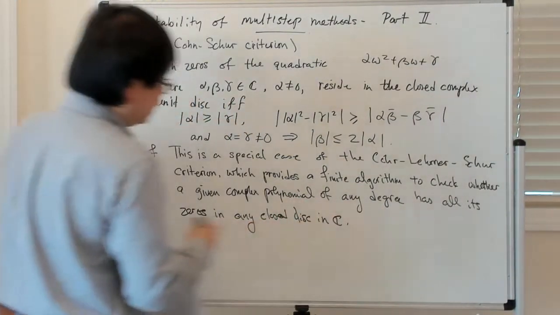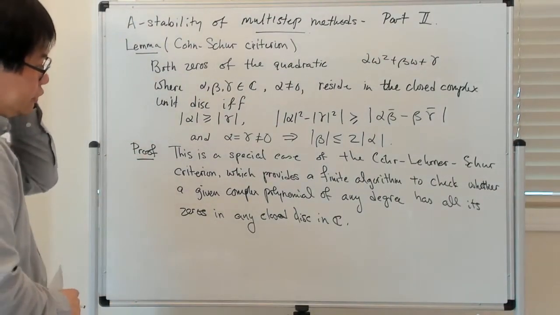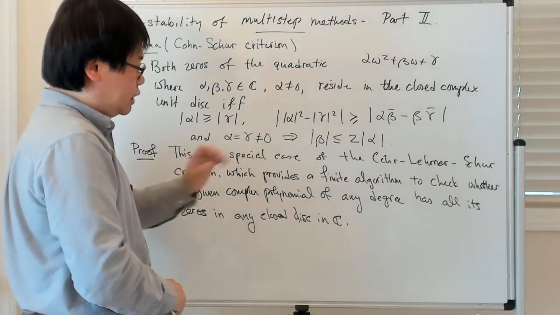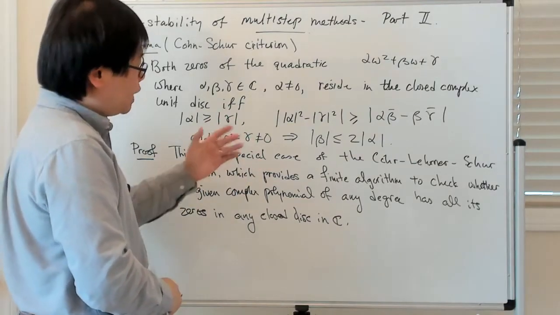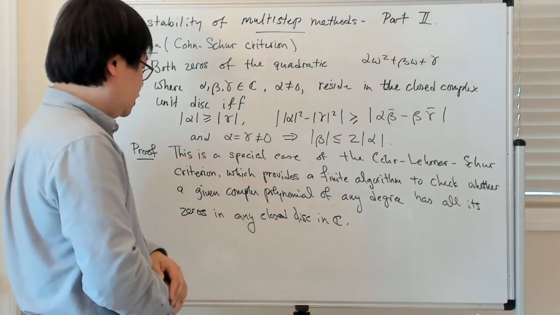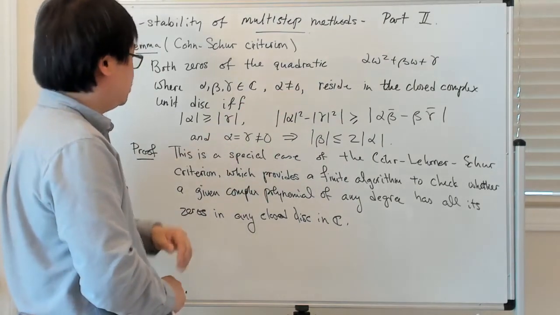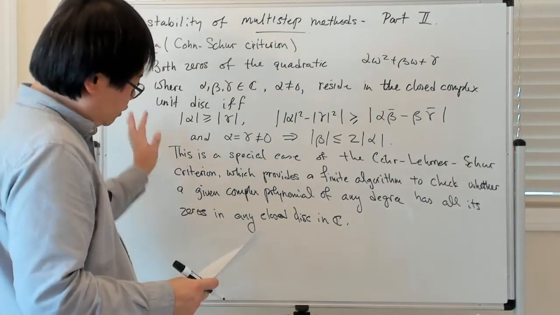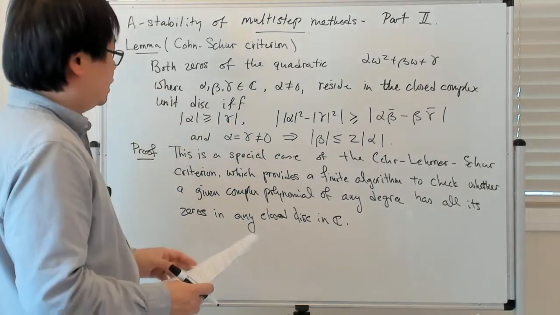So you take this more general result and specify it to the case where you just have a second-degree complex polynomial and a specific closed disk, the closed unit disk in the complex plane.